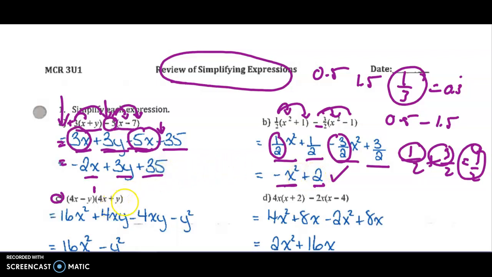Here, a little different. In this one, what you're going to do is FOIL. I'm looking at C now. There is no plus or minus between the brackets. So over here in A and B, and even in D, you see that there is a negative here.